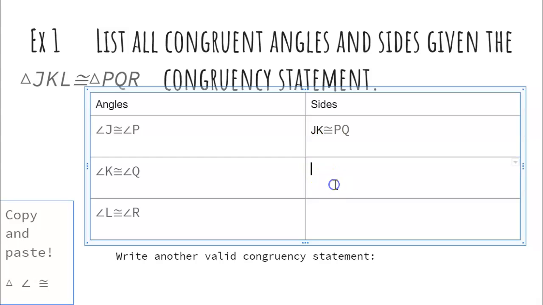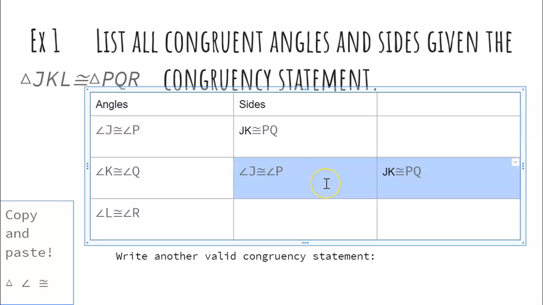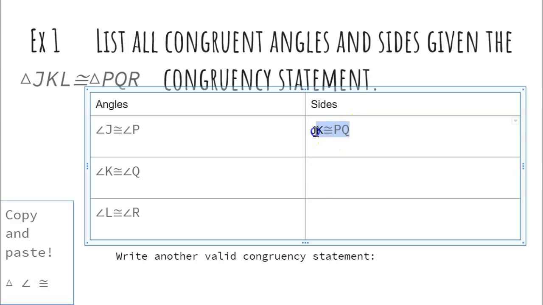And we're going to go through the second relationship here. So if I had JK, I can try KL. And that's going to be QR. Because we have KL as the second, third, and then on the second triangle, it's the second, third.